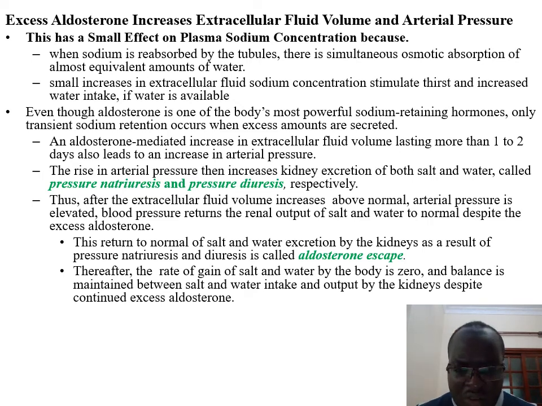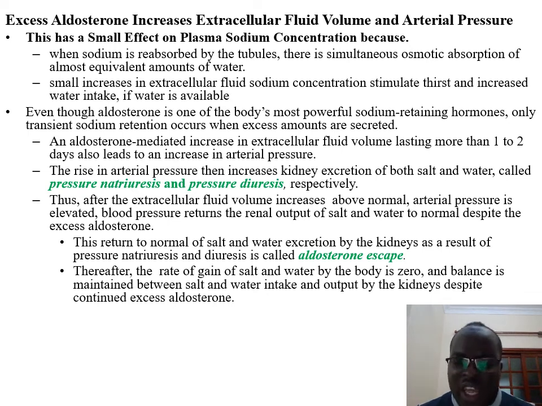After the extracellular fluid volume increases above normal, arterial pressure is elevated, and this retains the renal output of salt and water to normal despite the excess aldosterone. This return to normal of salt and water excretion by the kidney as a result of pressure natriuresis and diuresis is called aldosterone escape.